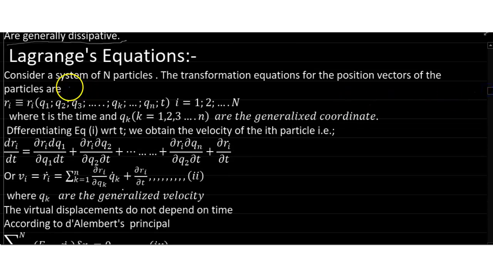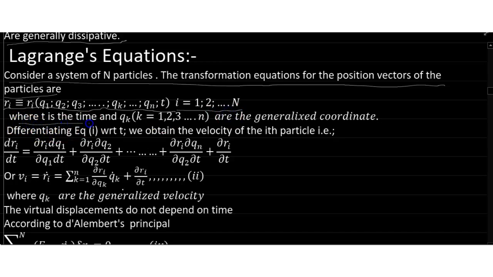Now Lagrange's equations. Consider a system of n particles. The transformation equations for the position vectors of the particles are ri equals ri(q1, q2, ..., qn, t), i equals 1 to n, where t is the time and qk, k equals 1, 2, 3 up to n, are the generalized coordinates.